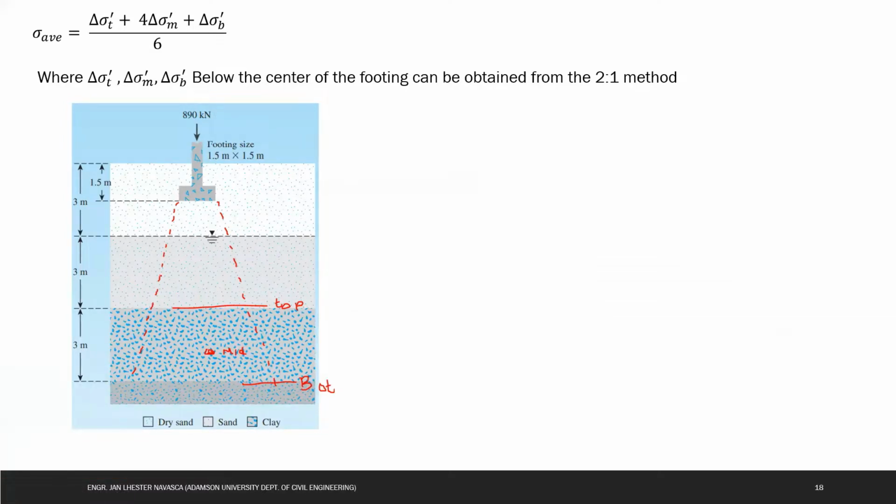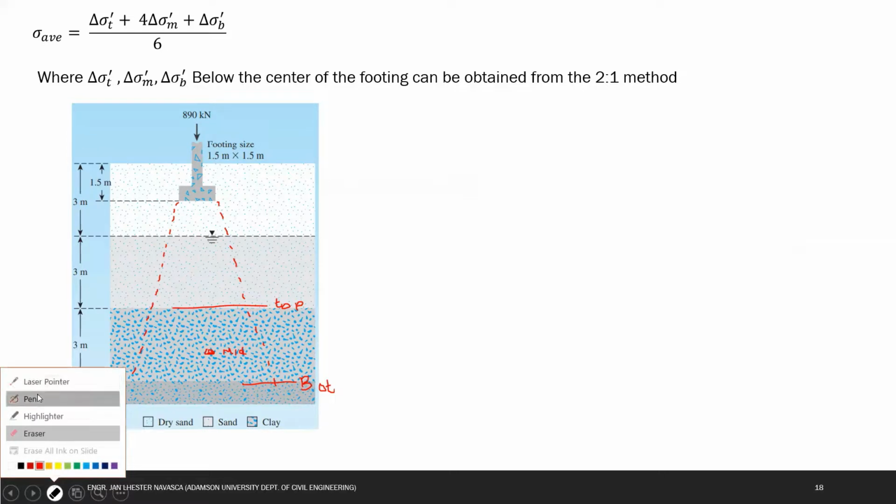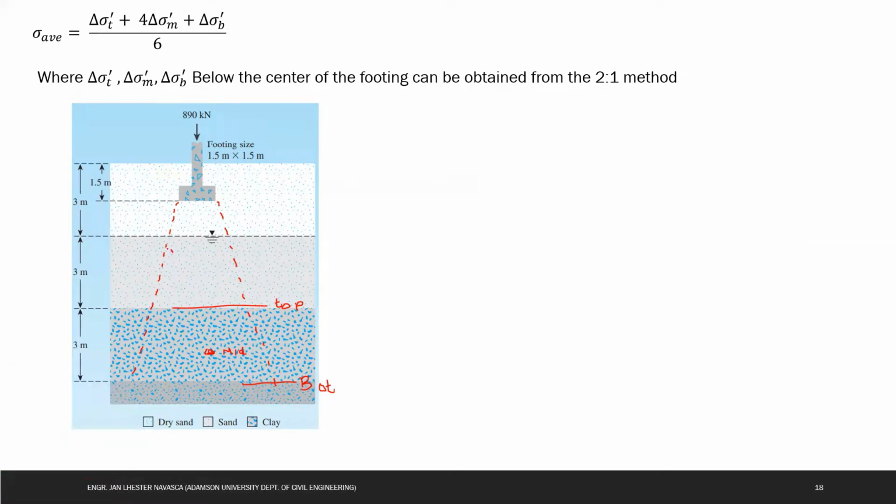Therefore, you have a ratio of 2 vertical, 1 horizontal.